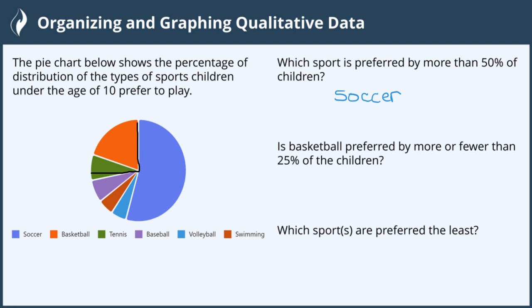Now, if we take a look at basketball, which again is this orange wedge right here, basketball seems to be less than 1/4 or 25% of this pie. So to answer the second question, we would say that basketball is preferred by fewer than 25% of the children.